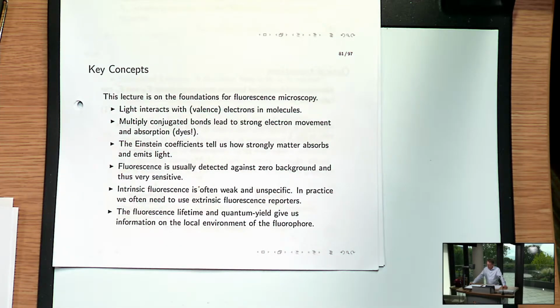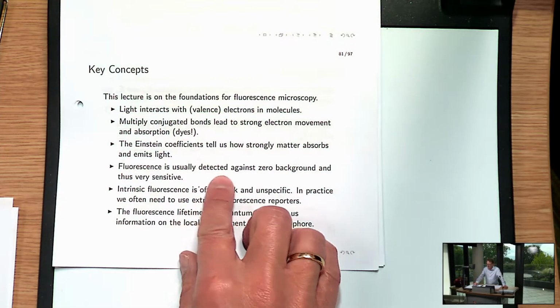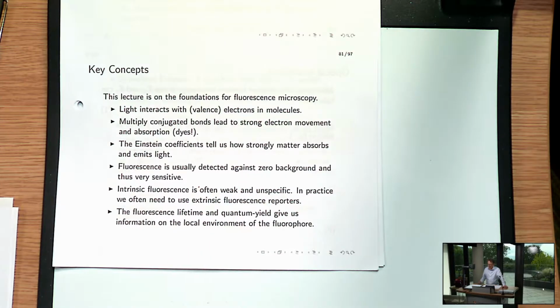So the brightness and the strength of a fluorophore is governed by these concepts. So one of the most important aspects of fluorescence is that it is detected against a zero background, and that's the reason why fluorescence is the most sensitive detection technique there is. In fact, of all physical interrogation techniques, fluorescence is by far the most sensitive method of anything.